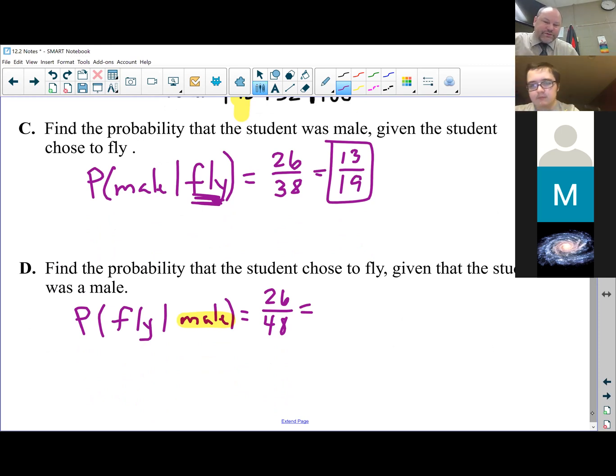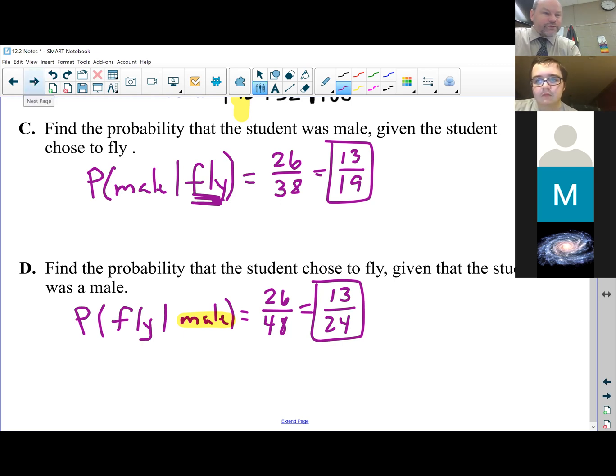Can I reduce? Shane, yes, you can divide by 2 for 13 over 24. All right.